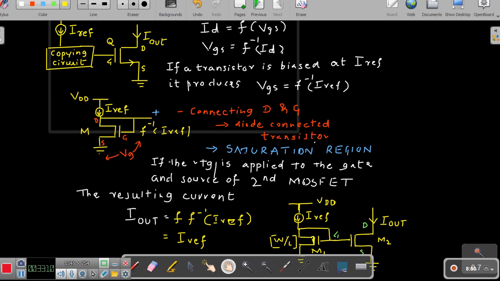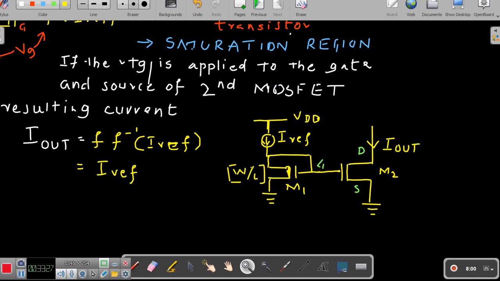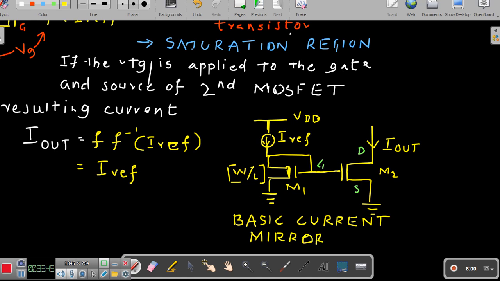So obviously the output current I out will be a function of inverse function of I reference. Therefore you are going to have I out equals I reference, and this circuit, whatever we have drawn here, is referred to as basic current mirror circuit.